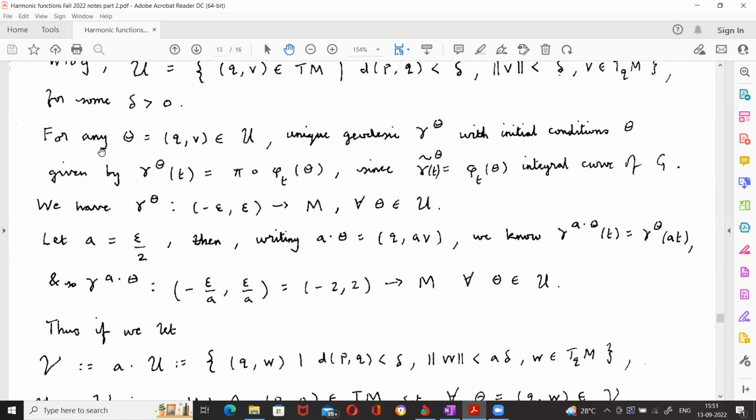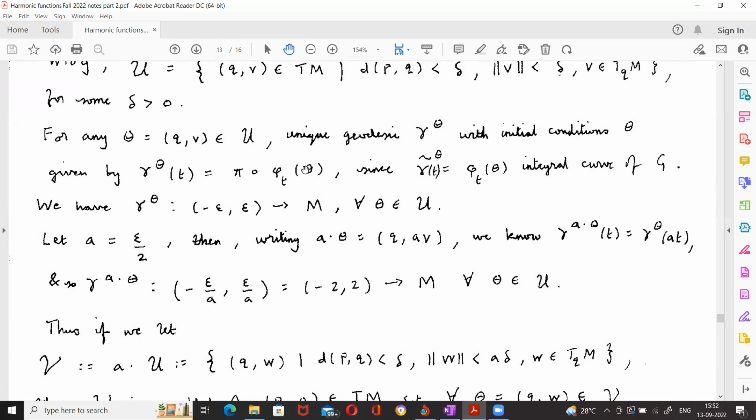Now if I take any theta, which is a pair q comma v in this neighborhood in the tangent bundle, we have a unique geodesic gamma theta with initial conditions theta. And gamma theta of t is given by the projection to the manifold of phi t of theta, where phi t is the flow of the geodesic vector field.